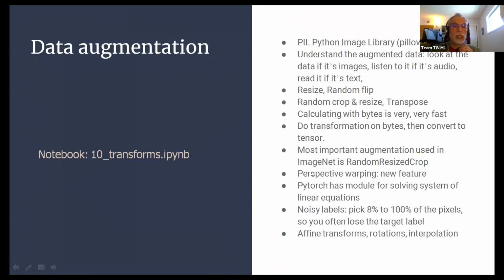They've built this perspective warping piece in their image augmentation API. So again, this data augmentation section is becoming another crown jewel of the whole Fast.ai. I think that they're ahead of a lot of other machine learning libraries.